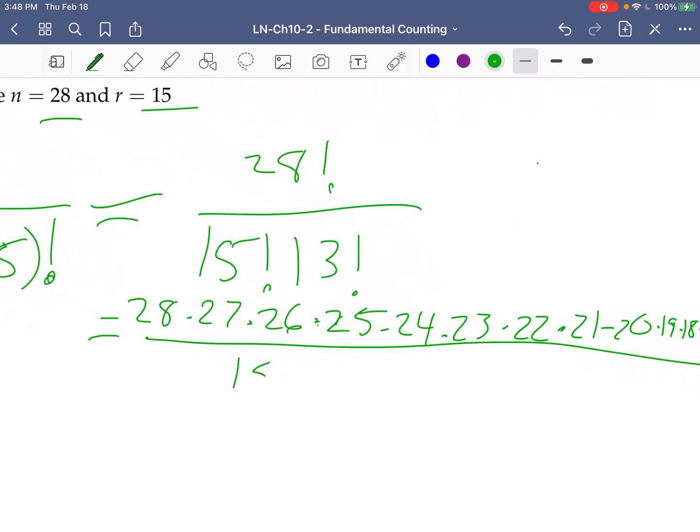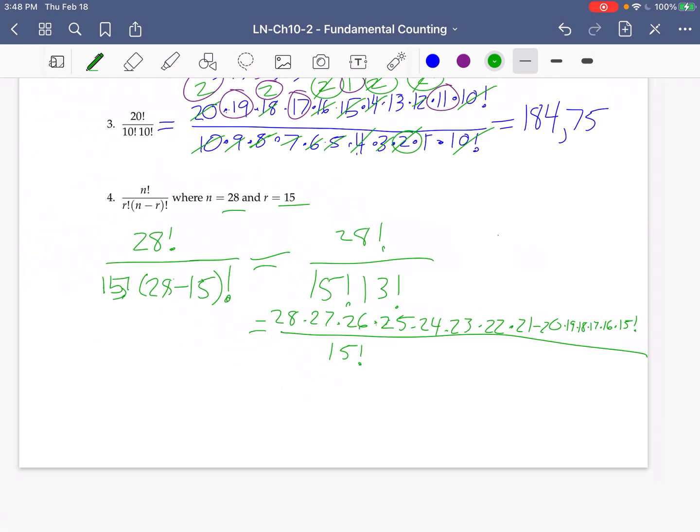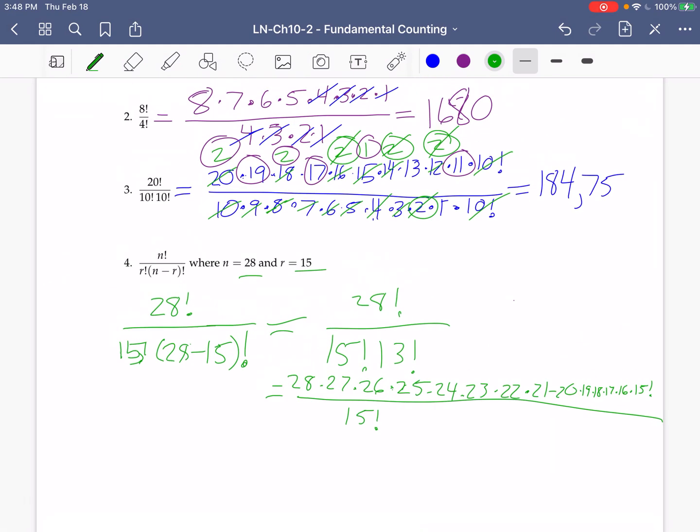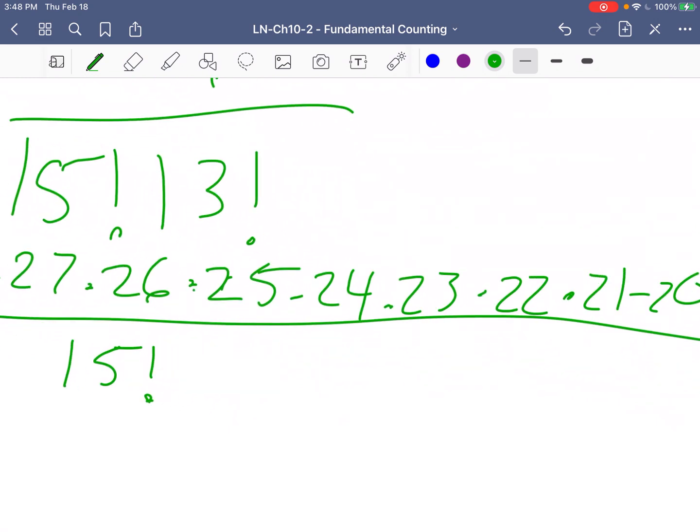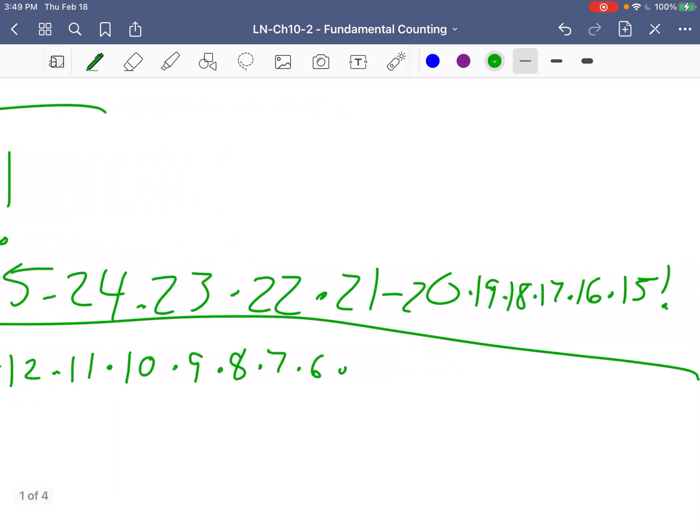We had a 15 factorial on bottom, which is why I did not expand that on top, because those will just cancel right away. And then we have 13, 12, 11, 10, 9, 8, 7, 6, 5, 4, 3, 2, 1.